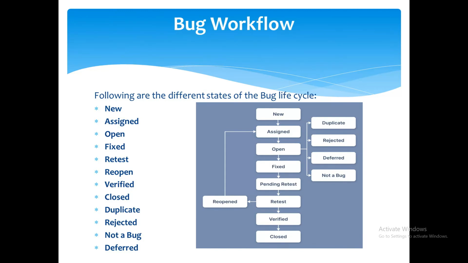The first one is new. In the diagram you are seeing: new, assign, open, fix, retest, reopen, verified, close, duplicate, rejected, not a bug, and close.